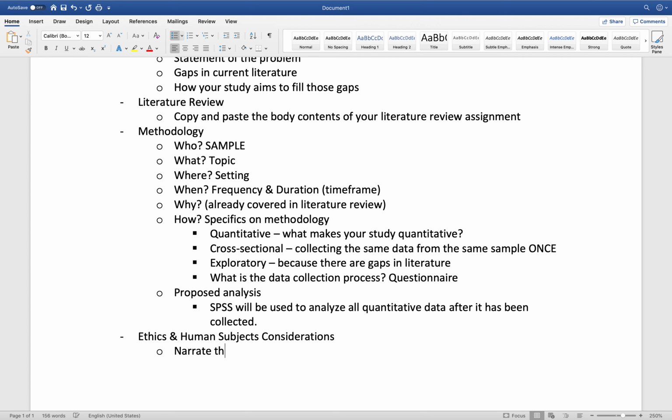You know what, instead of writing that, let me just write exactly what you're going to be doing. So within the ethics and human subjects considerations, you'll be writing about the potential risks to participants. If you anticipate there being any, it may cause a little bit of confusion or discomfort for some people to participate in your study.